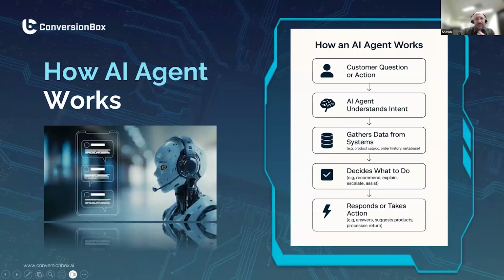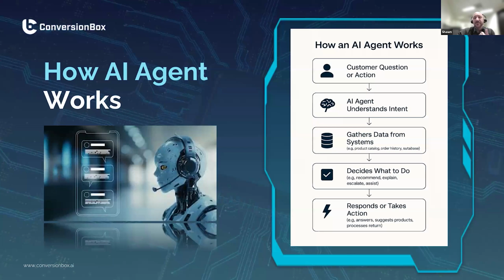Okay. And then, how an AI agent works. You have the customer question or action, which can trigger it. The AI agent understands the customer's intent based on their behavior, the patterns of what it's seen. From there, it can gather data from systems, for example, a product catalog, the order history, and any other data, and then it decides what to do.